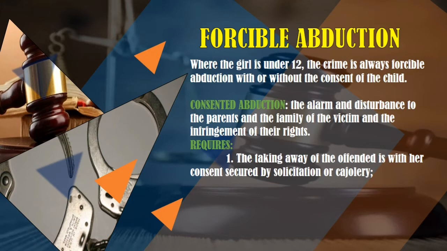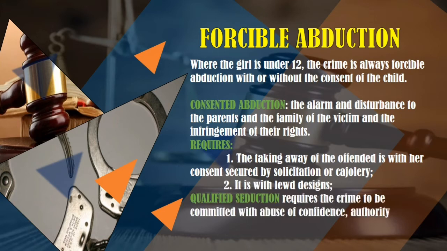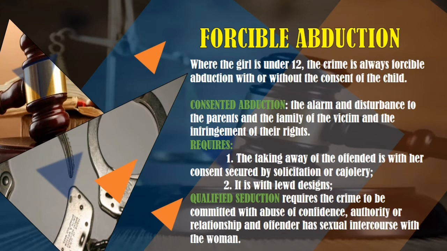And second, it is with lewd designs. And class, remember also that for qualified seduction, however, it requires in addition the crime to be committed with abuse of confidence, authority or relationship and the offender has sexual intercourse with the woman.